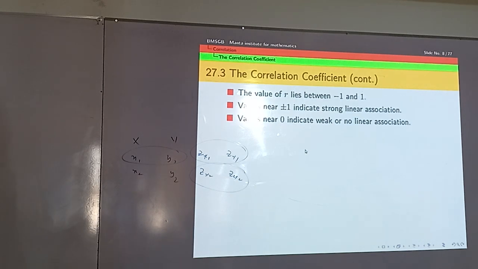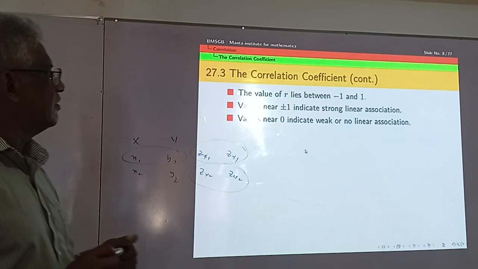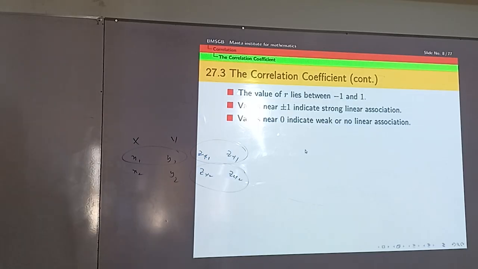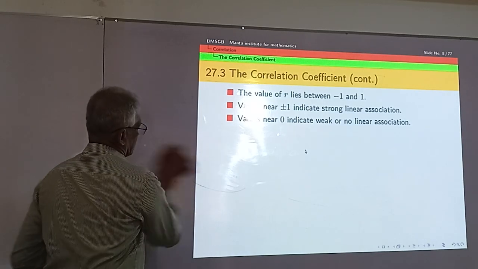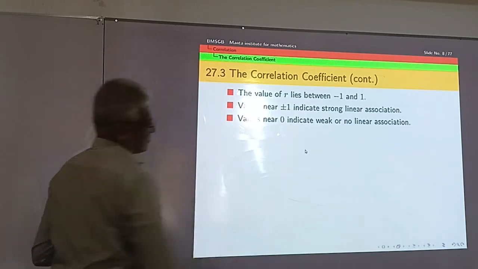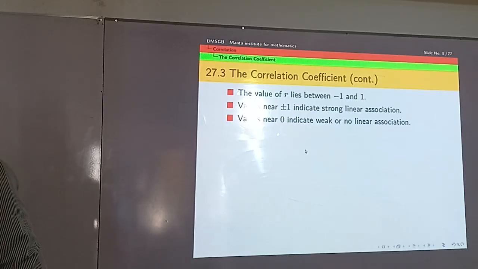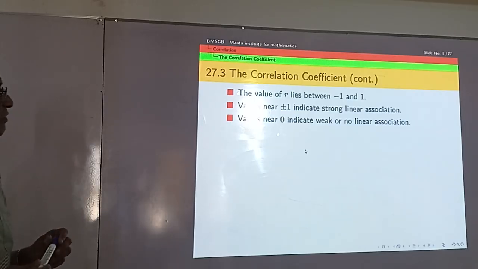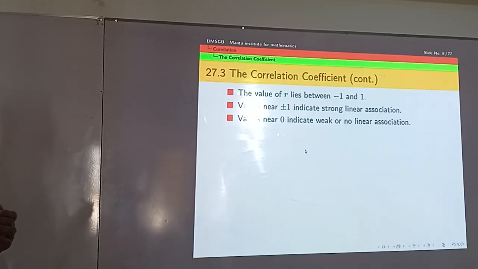So you already know that whenever we calculate R, it should be between -1 and +1. -1 and +1 are the extreme values. Those do not usually occur in practice. They are very rare. So generally it will be between those two.